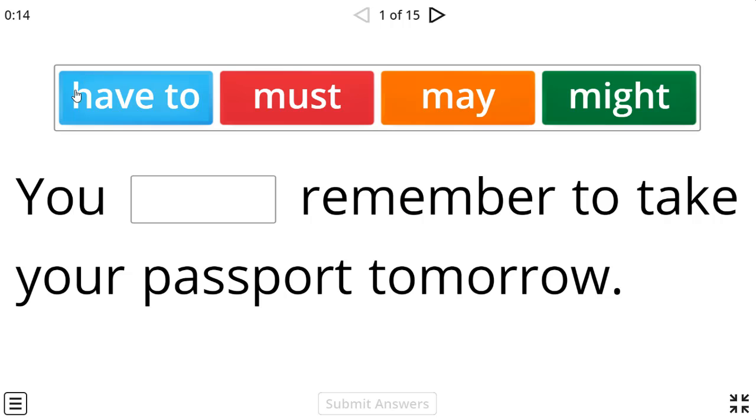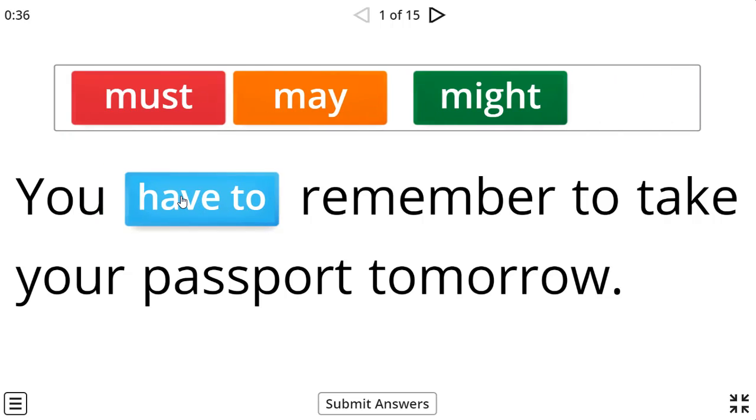So, you have to, must, may, might remember to take your passport tomorrow. If you find any difficulty, you can read the sentence each time with one modal. So, what is your answer? Yes, Ahmed? Have to? Okay.